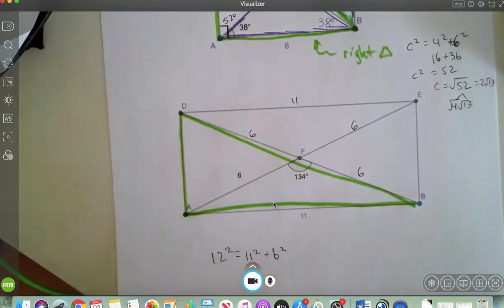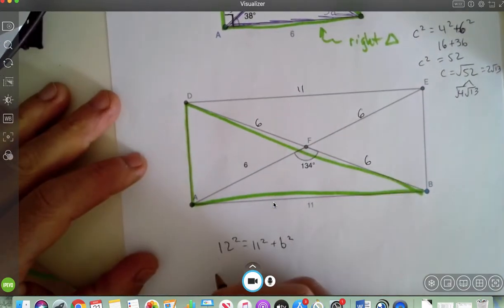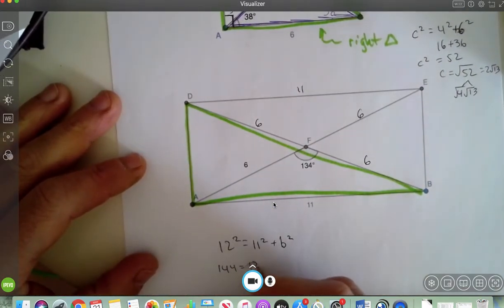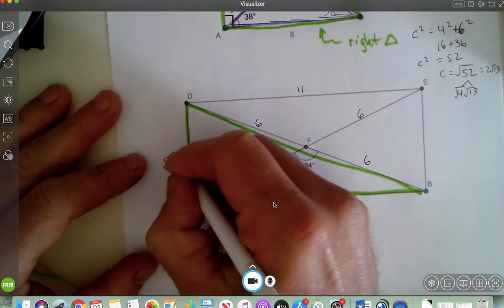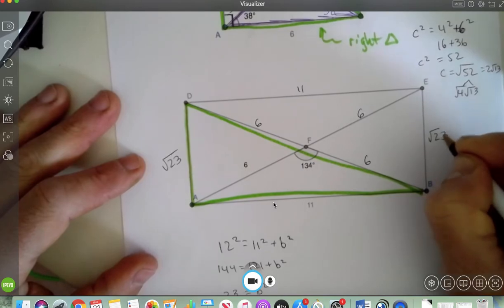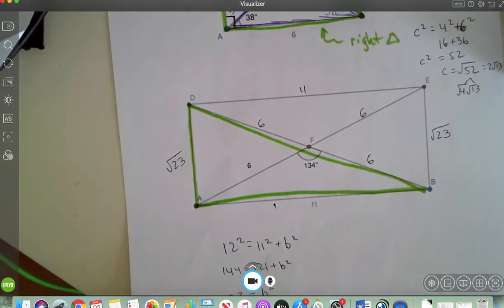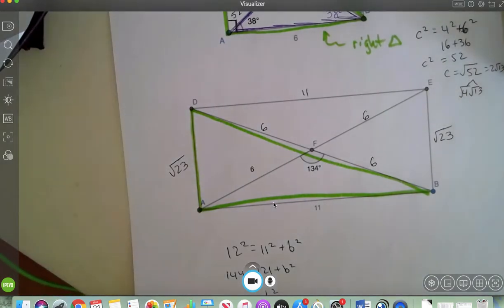Notice that in this case the hypotenuse was given, so that just changes. So b squared is 23, so this is the square root of 23. And that's okay that it's a radical. There's actually more likely to be a radical than not when you're doing this. So we have all of our lengths. Notice that only 2 lengths were given, and we were able to figure out every other length. It's really kind of nice. As you get these more specialized, you can find more measurements.